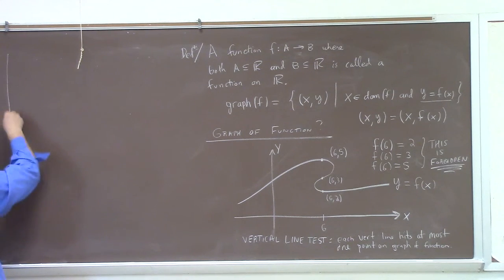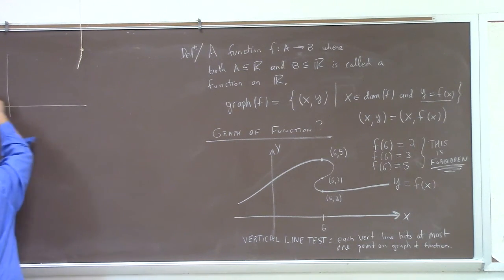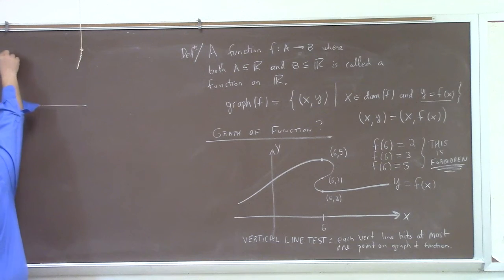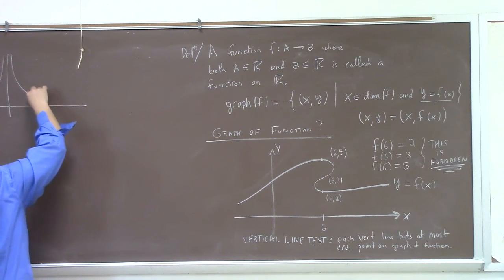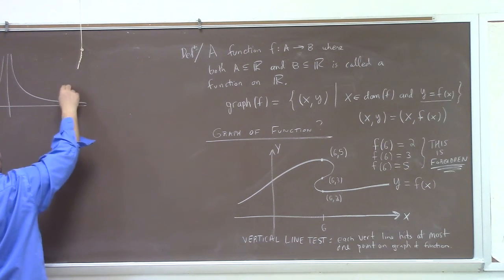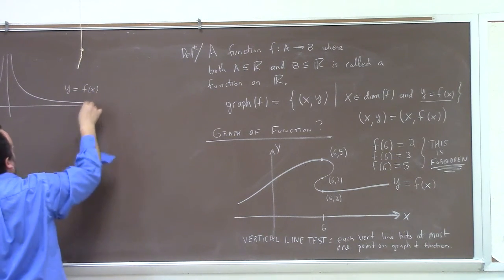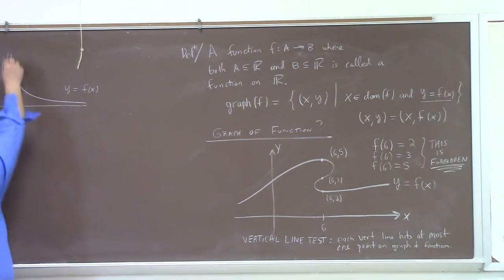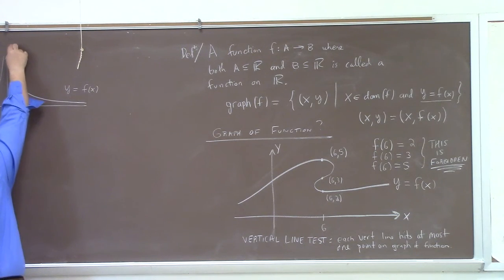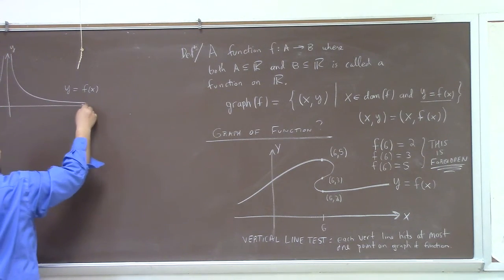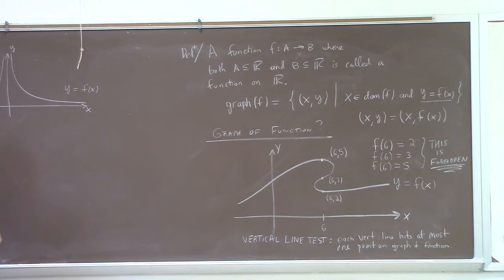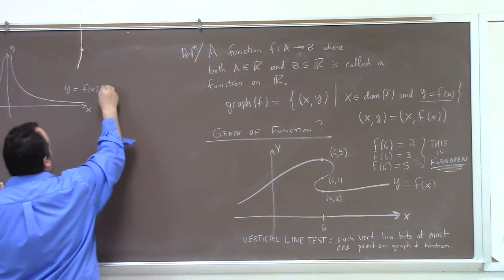So here's an example of something that could be a function. It turns out if we were to plot y equals f of x, where f of x was given by 1 over x squared, it looks like a volcano, actually.